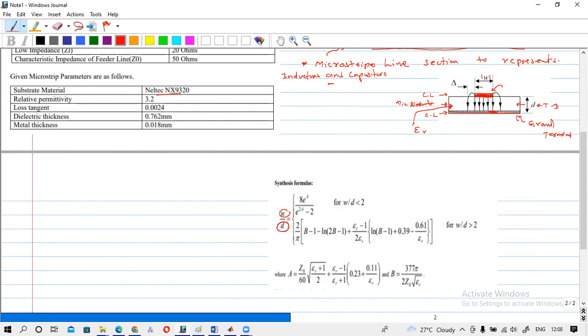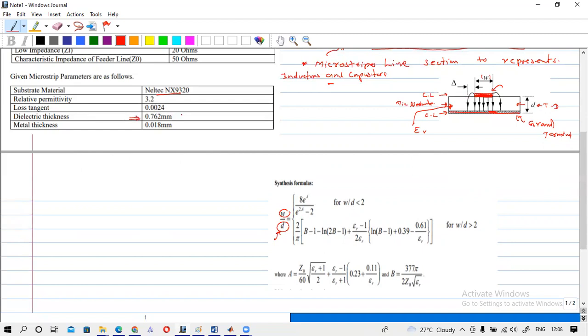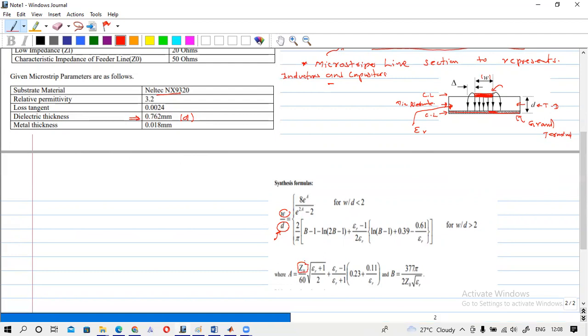Normally D is given. So we are given the dielectric constant and the thickness, that is this D. It is normally given. And if we know the characteristic impedance, we can calculate the width using this equation.